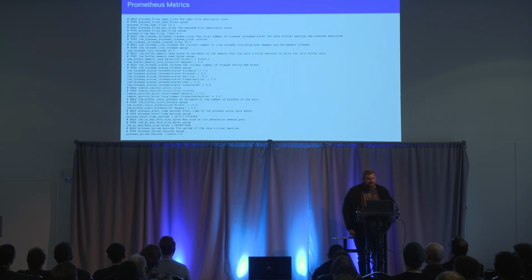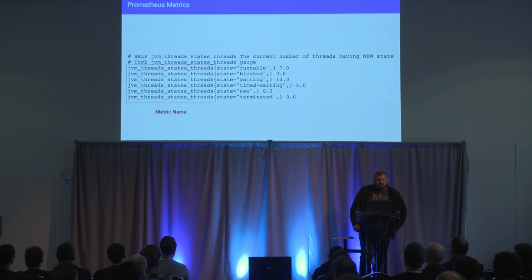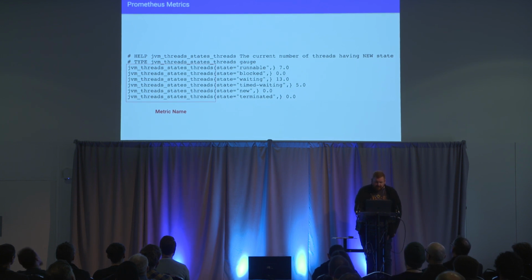So this is an actual example of what a Prometheus endpoint would look like that you may expose from your application. On first glance, it just looks like a load of text. If we zoom into one, we can see here there's a metric called JVM threads states threads. With Prometheus, you have a concept of metrics and labels.